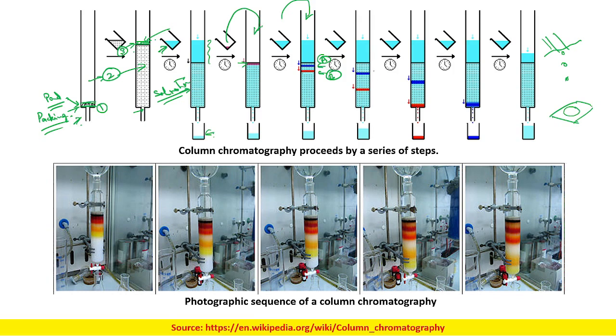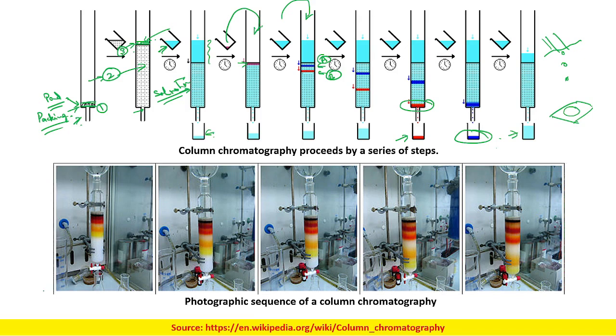Due to that differential absorption, this red analyte is collected first, and subsequently the blue analyte is collected in the second stage. If you further continue, all the analytes will be collected, and at a later stage you will only be getting the solvent that you have been adding.